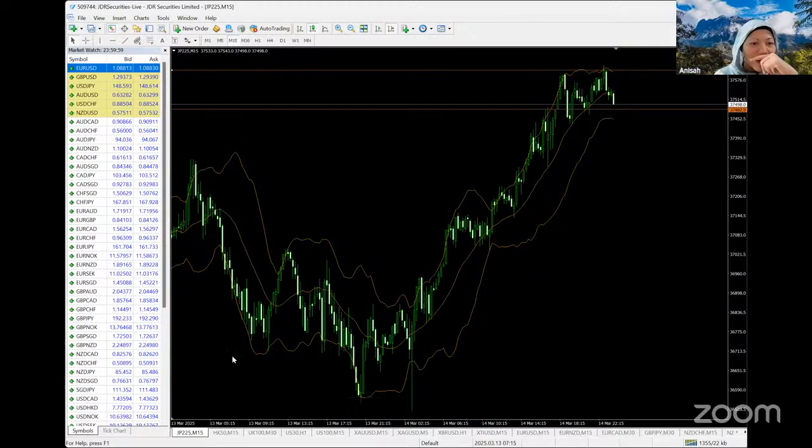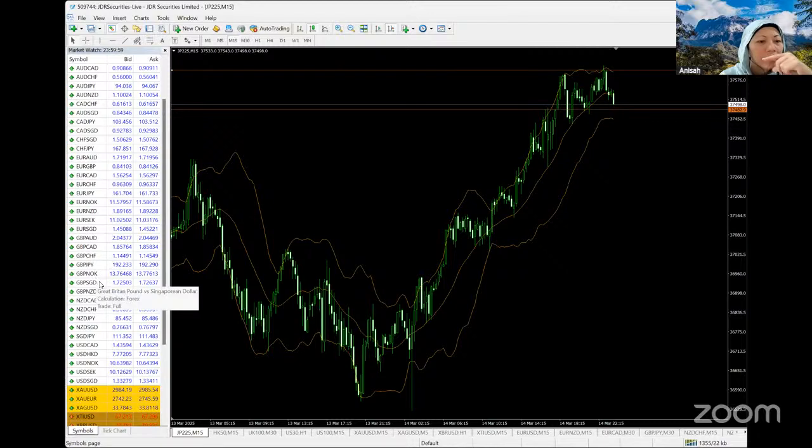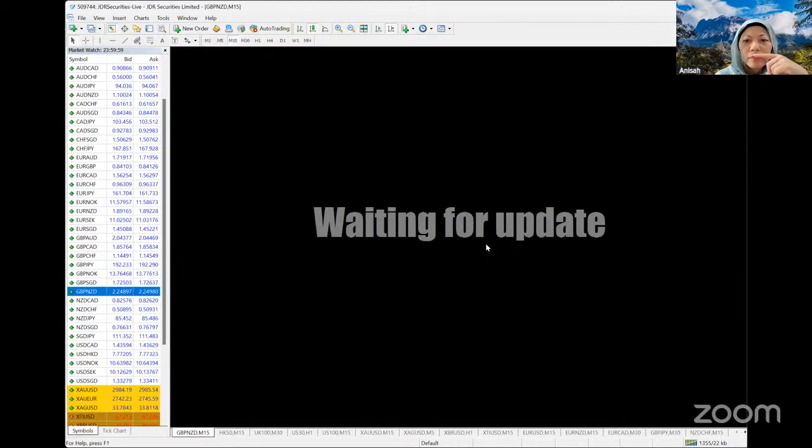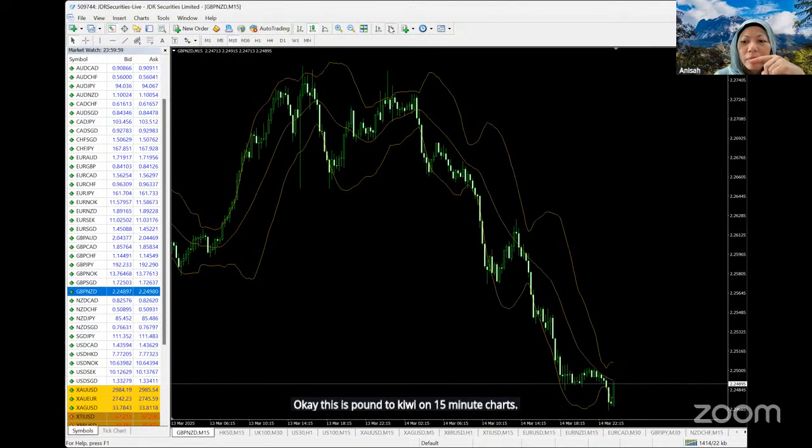Okay, now let's look at pound to kiwi. This is pound to kiwi on 15-minute charts. Currently price is at the bottom, and the last candle has successfully engulfed two and almost three candles back.